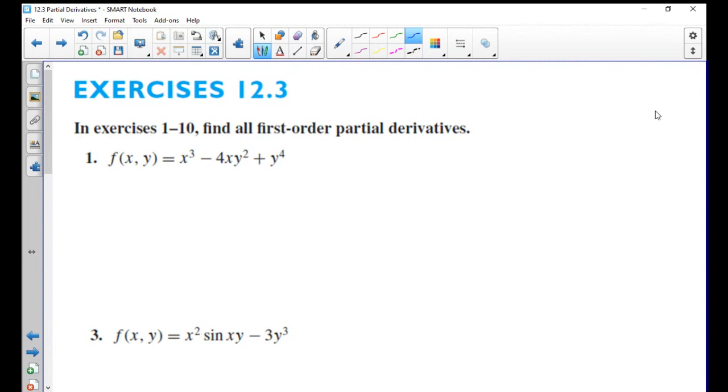Fx only, we want the first order partial derivatives. Just fx and fy, that's it.